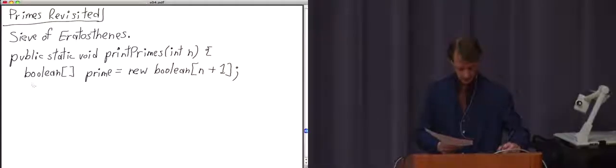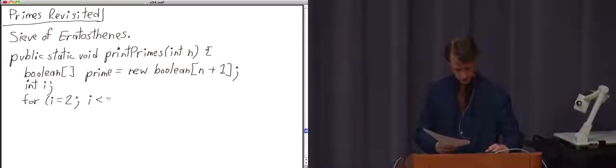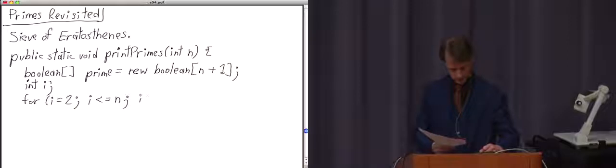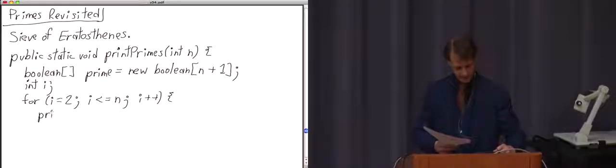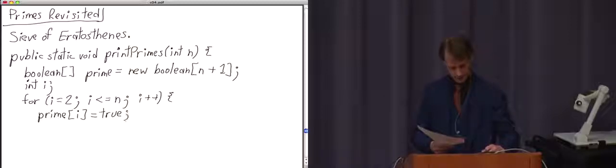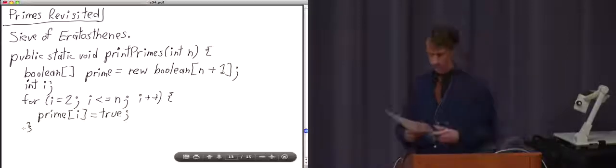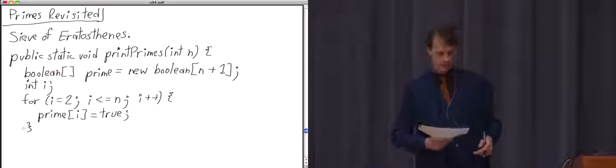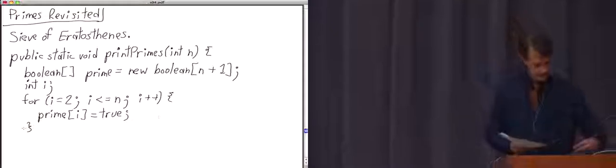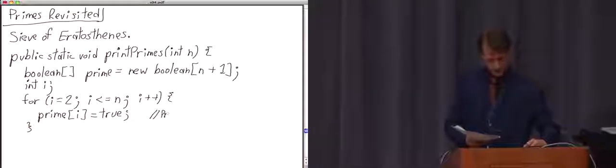So I'm going to go through this array with a loop and set every entry in the prime array to true from 2 to n. Again, our policy is every number is prime until proven composite.